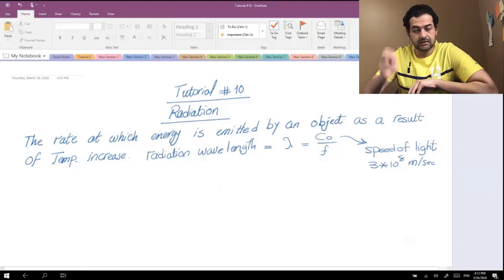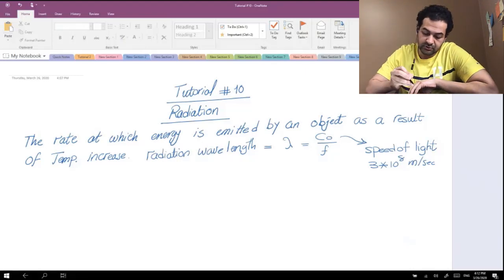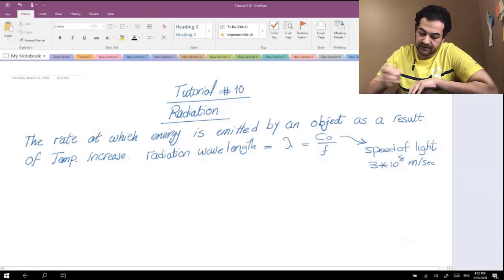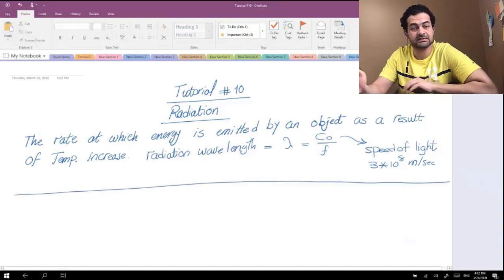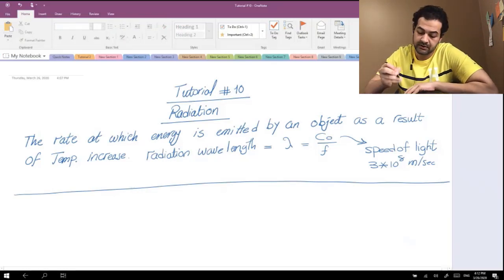So let's start. I'm going to start this tutorial talking about the heat fluxes. If we have a flat plate that is exposed to incident heat radiation, we call it irradiation.